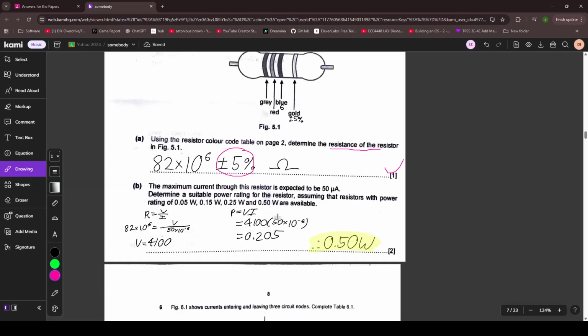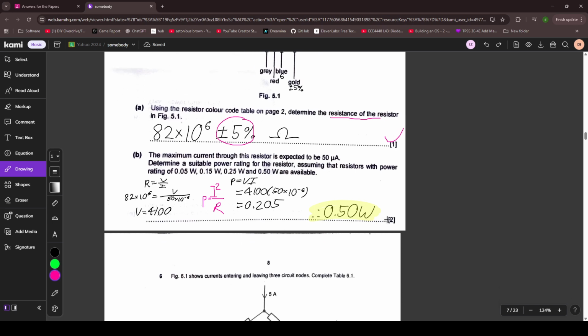So basically, this is one way you can do it, but instead of using P equals VI, you can actually use P equals I squared R, and it means the exact same thing. And now instead of needing to do this, you can just plug in the values without the need of V. But you do get the mark lah.